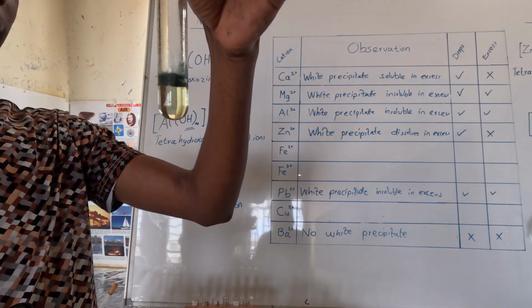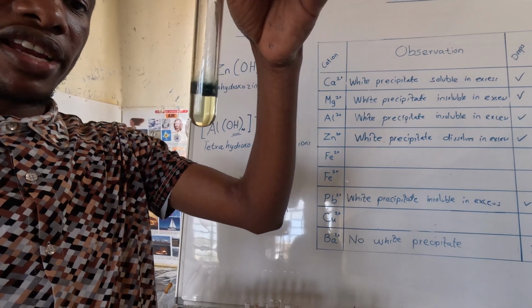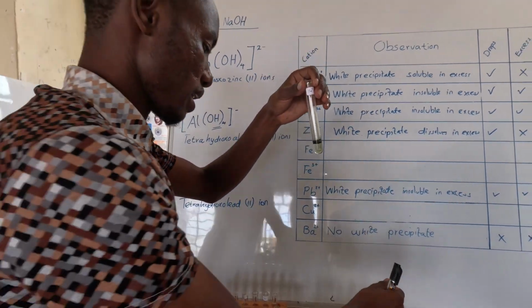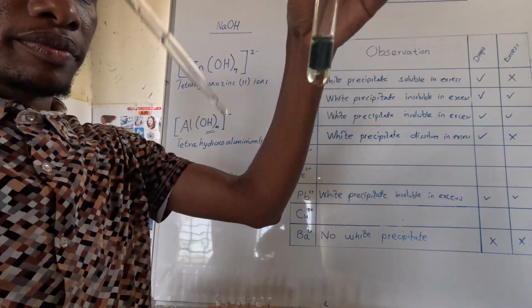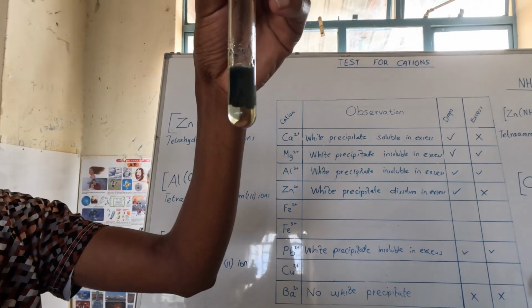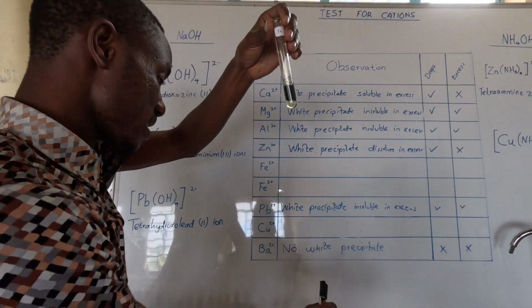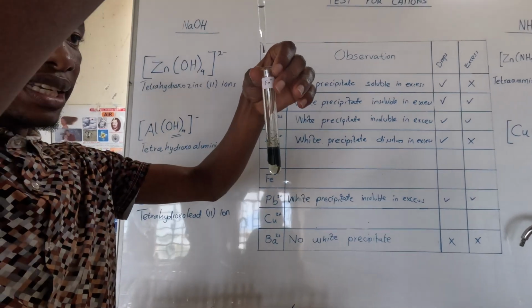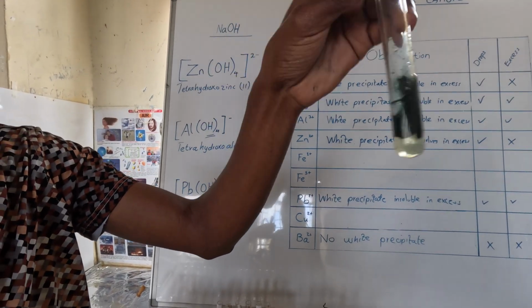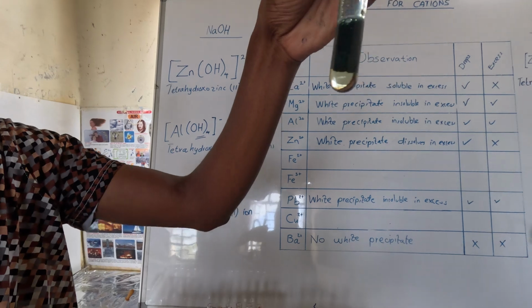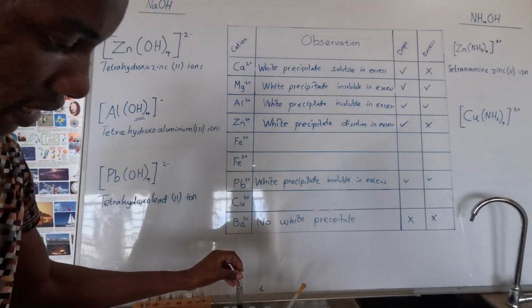After adding a few drops, there is a green precipitate. Now what about excess? It is forming a dirty green precipitate. Dirty green precipitate. It is quite insoluble. So that is what we write.